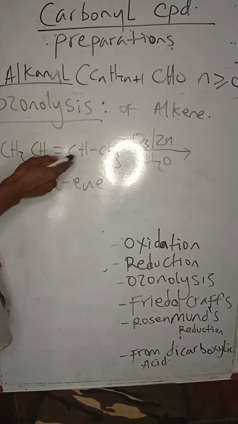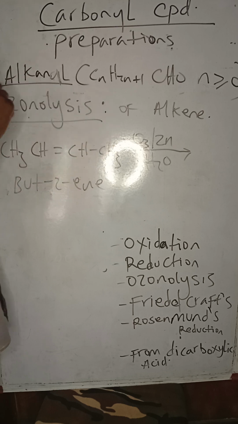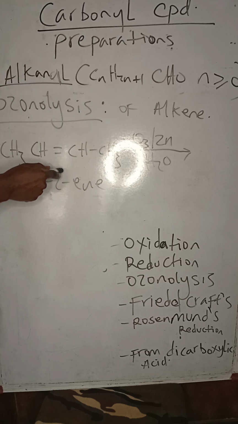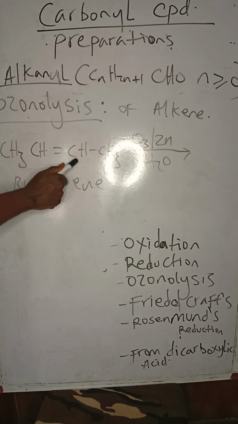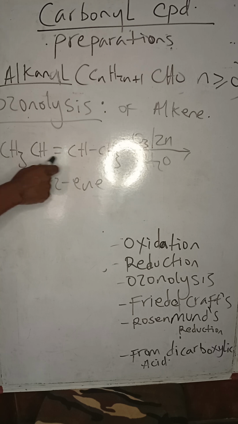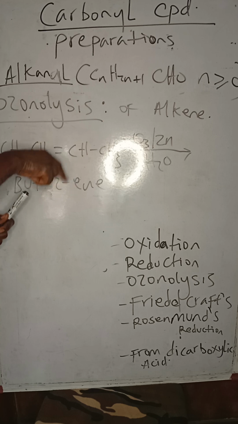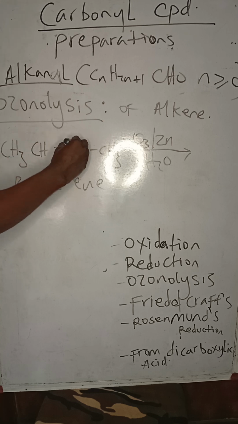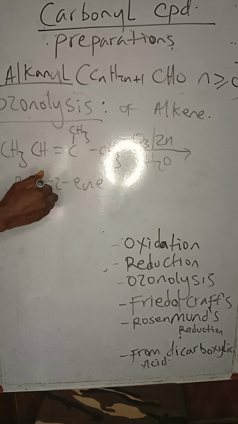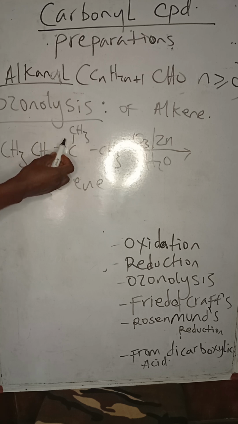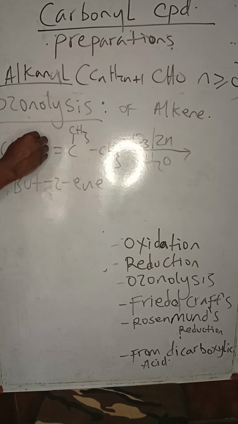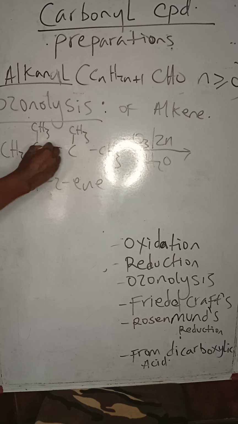For you to prepare an alkanal from an alkene on ozonolysis, the carbon carrying the double bond should have just H. If the carbon carrying a double bond does not have H, let's say instead of H there we have a CH3, so both of them have CH3 like this, this kind of alkene on ozonolysis will not result in an alkanal.